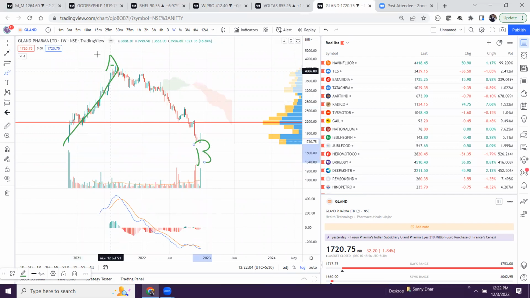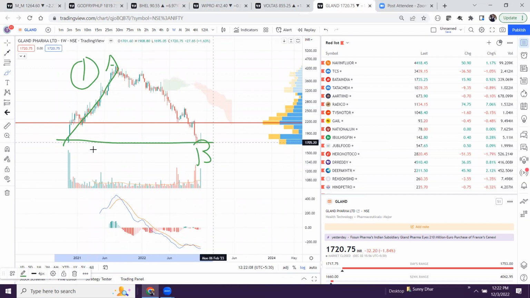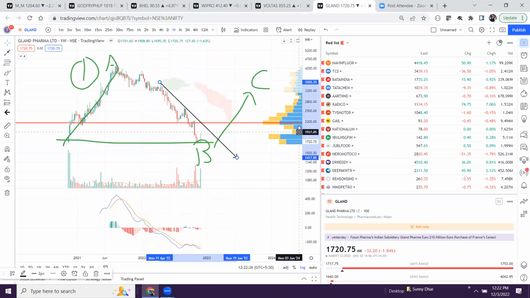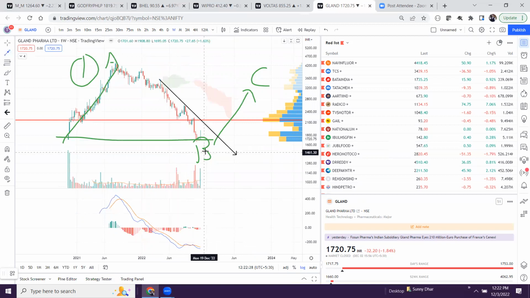Why A and not 1? Because this retracement has gone 100%, so the labeling automatically changes to A, B. Now there is an up move coming, that is C. So when will this happen? If you draw this trend line, anytime from here you will get a breakout, right?